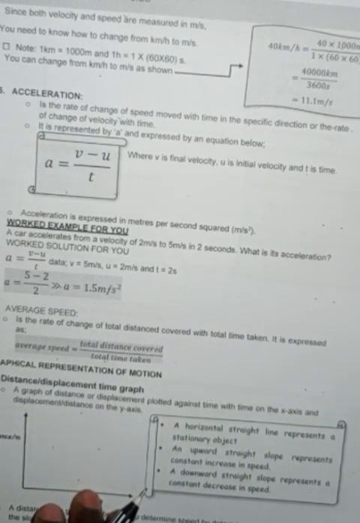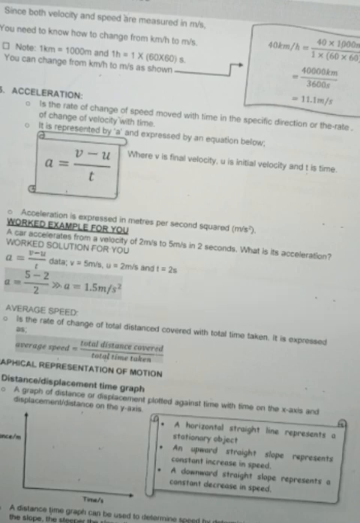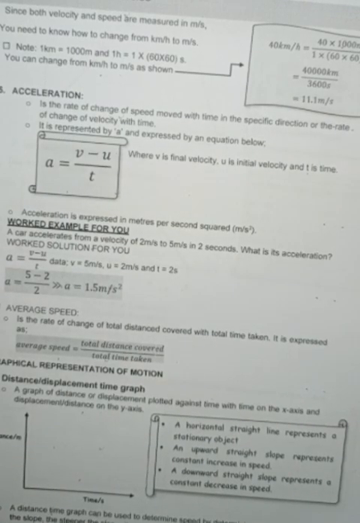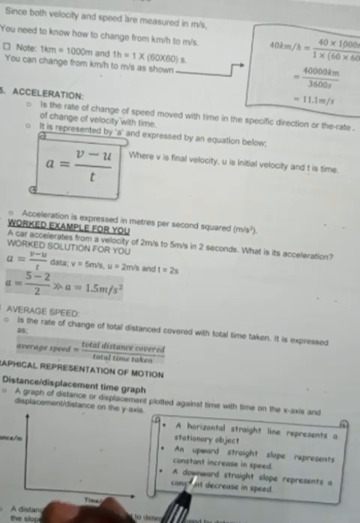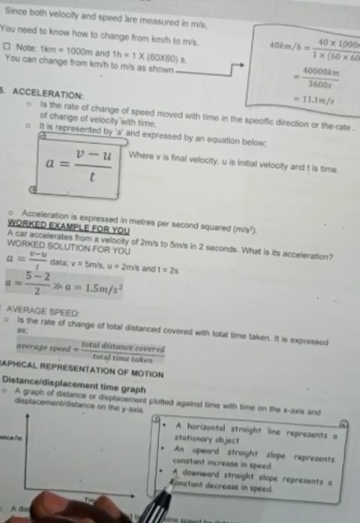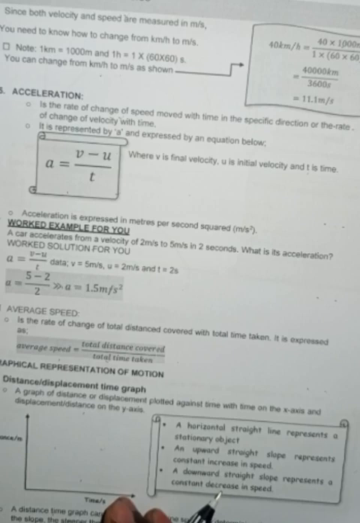So this is how you calculate problems involving distance, displacement, speed, velocity, and acceleration. Now, sometimes the information can also be represented in a graph, and then they ask you to calculate from it. So you need to be familiar with the graphical representation of such information.